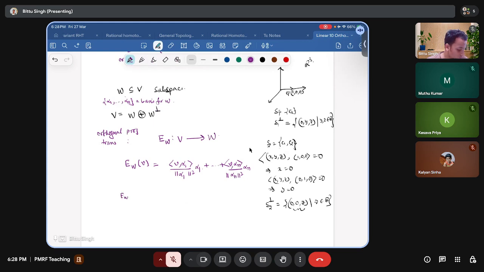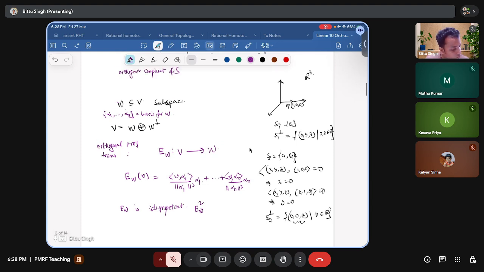Okay, and now the interesting thing is that you can see E_W is idempotent. Idempotent means if you take the square of this, we can say it is an orthogonal projection operator, because in this case what we can do is just change the codomain.